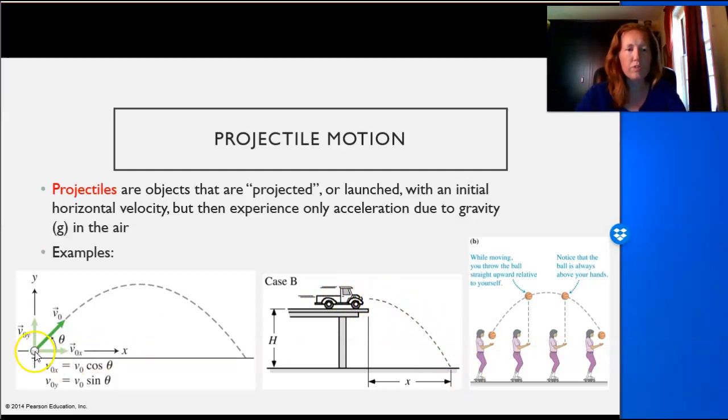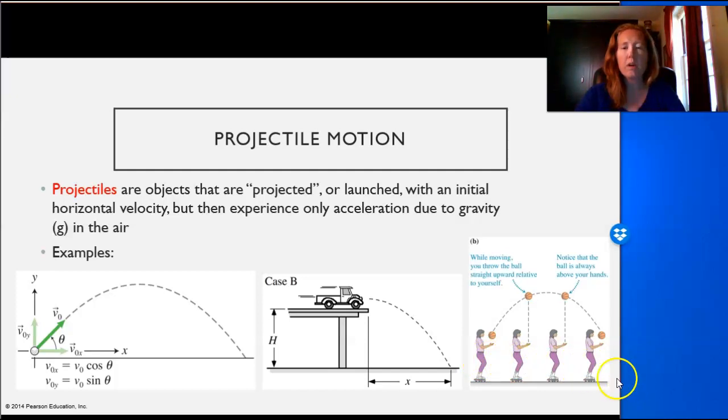If it's launched from the ground, then it'll go up and come down in the parabolic trajectory that we would be used to. Even if you think about it, like in this last picture, this woman is just throwing a basketball straight up and down, but she herself is moving sideways.